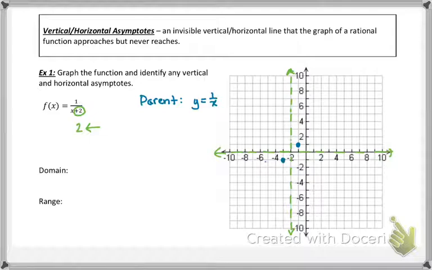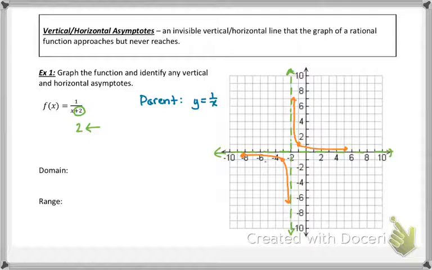I just have to plot 1 point on either side, to the left and to the right of the vertical asymptote, and then draw our 2 branches. They look like branches that get closer and closer to my asymptote. And same thing on the left here. And that's it. So very similar to the graph that I had just made, except everything is shifted to the left 2, according to my transformation.